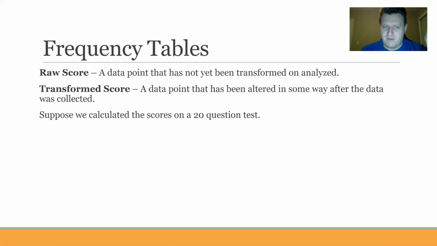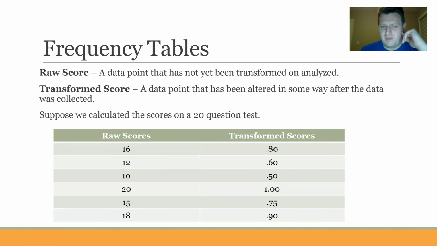So suppose we have a 20 question test. Our raw scores might be the total number of items you got right. We might transform this to a proportion. All right. And let's mention right now, if I take these proportions and multiply them by 100, I'm going to convert them to percentages.